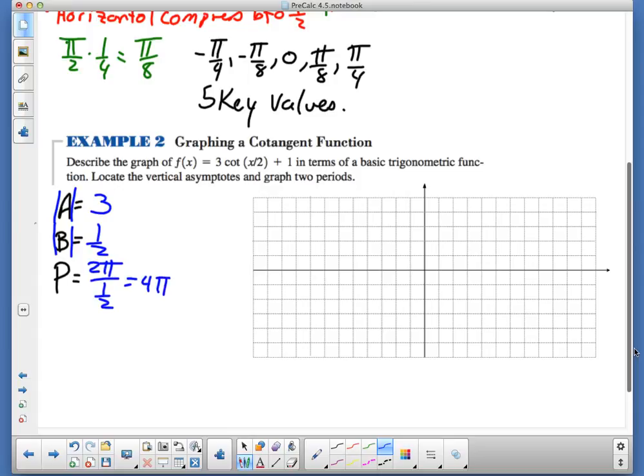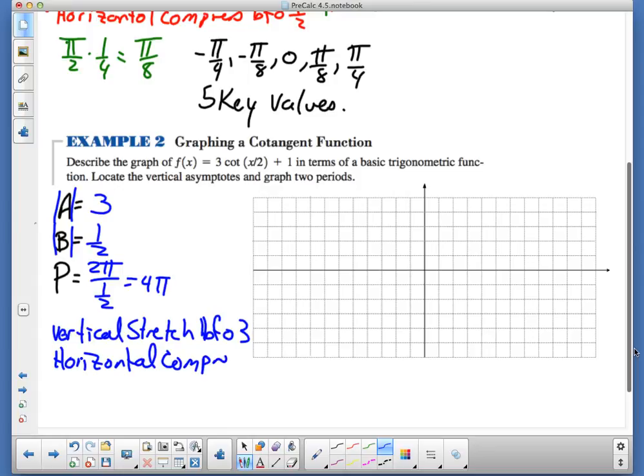So I've got a graph that's going to take on a vertical stretch by a factor of 3, a horizontal compression by a factor of 1/2.